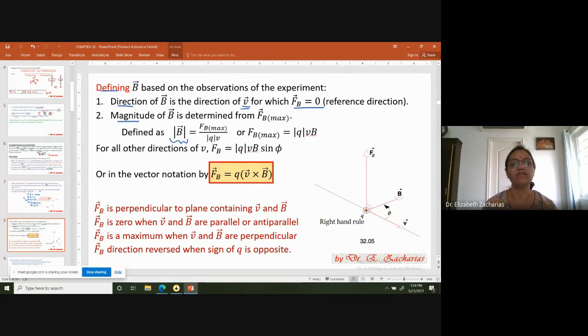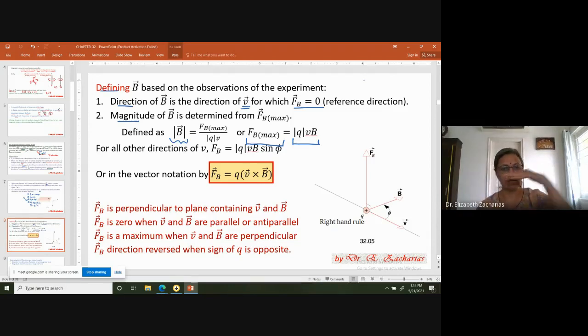We put a modulus for Q because we are talking of a magnitude. So we define the maximum magnetic force magnitude as QVB, just the product of Q, V and B.